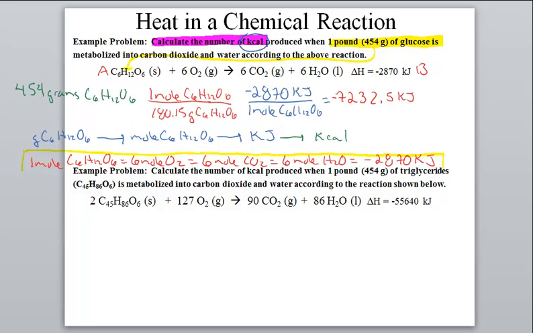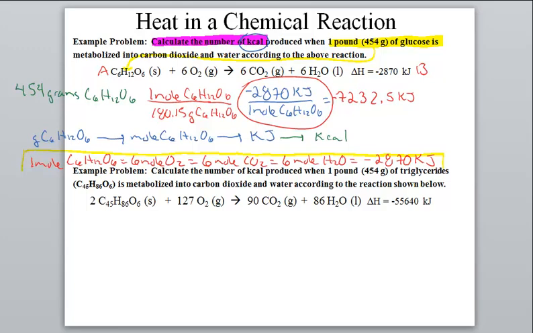Using the molar mass of glucose, we know we have more than 1 mole of glucose reacting. The relationship of the chemical reaction says for every 1 mole of glucose, there's 2,870 kilojoules of energy that's released. And note, you don't have to include the negative sign when you do that. That's optional for my problems that I'm going to grade.